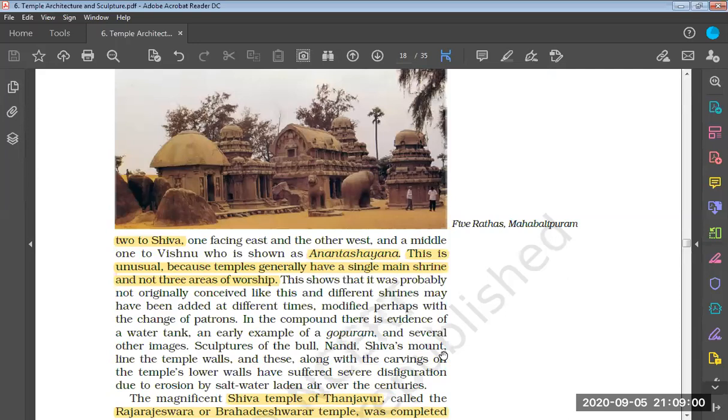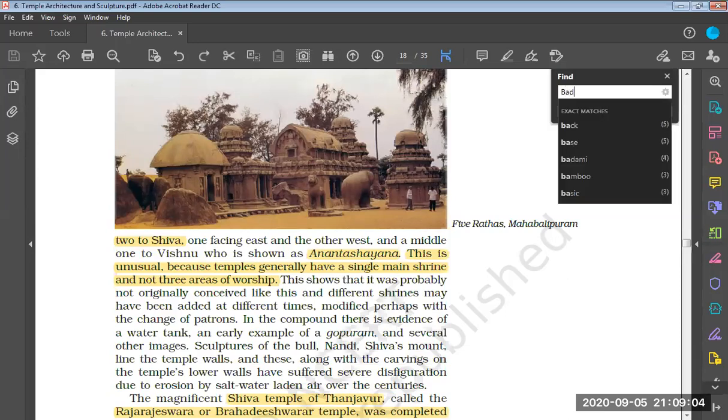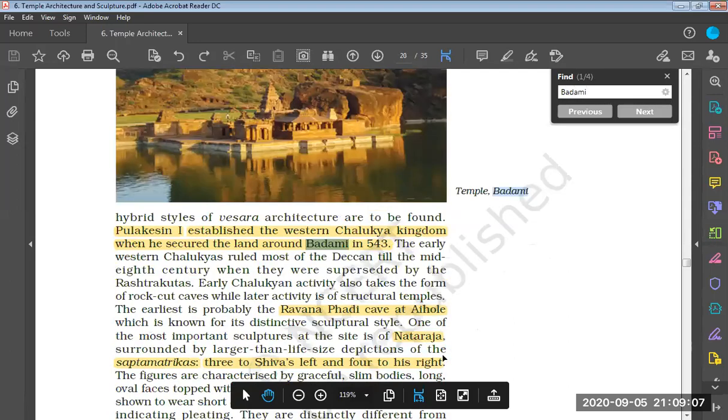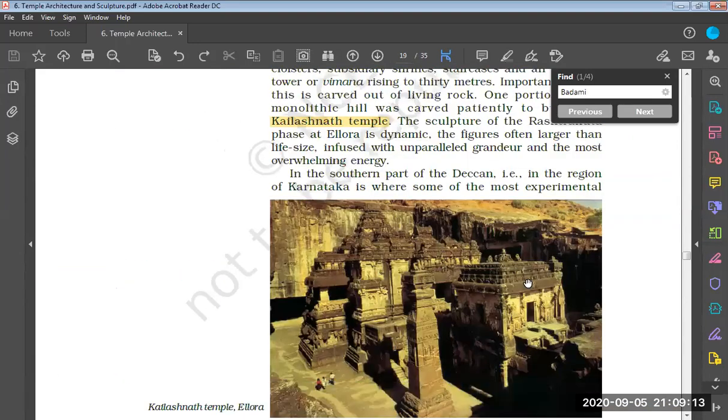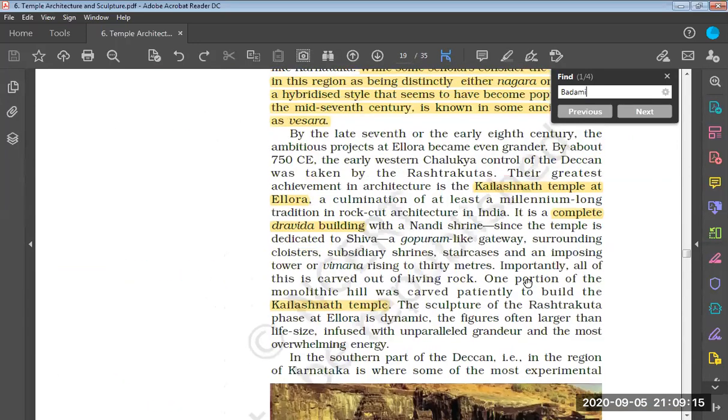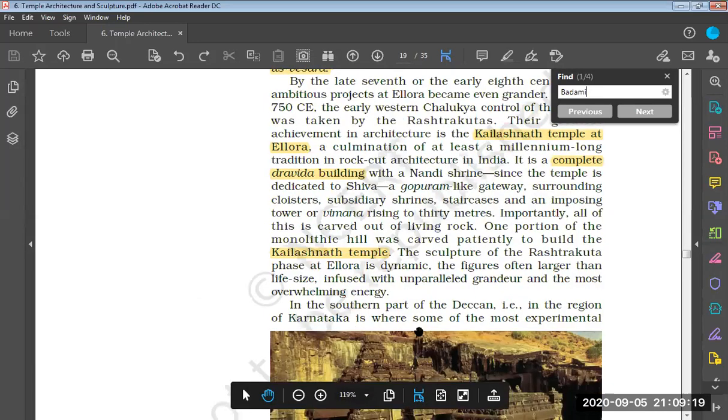She is saying it is in Badami, right? Sir, I found that it is on page number 86. Okay, 86. Yes, in the last para, in the southern part of Deccan. This might be that Badami temple.